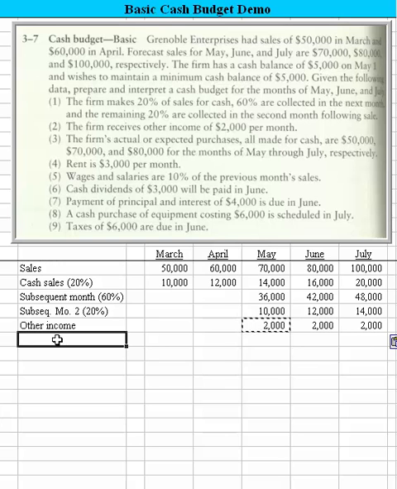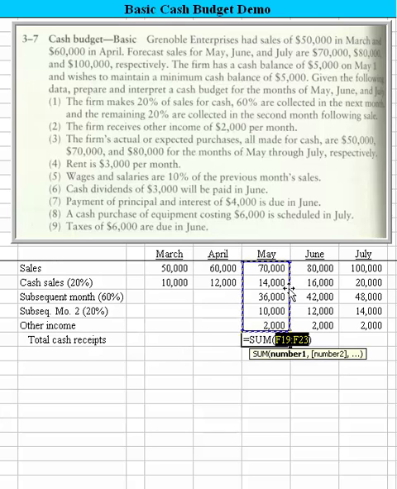So with that, we can calculate our total cash receipts, right? Let me indent that just a little bit, and we will just sum from the 20% through the receipts plus the other income for a total of 62,000.